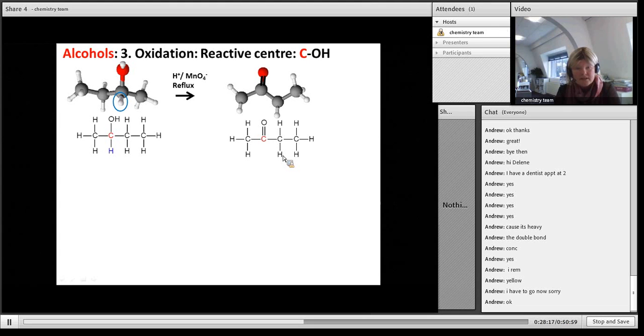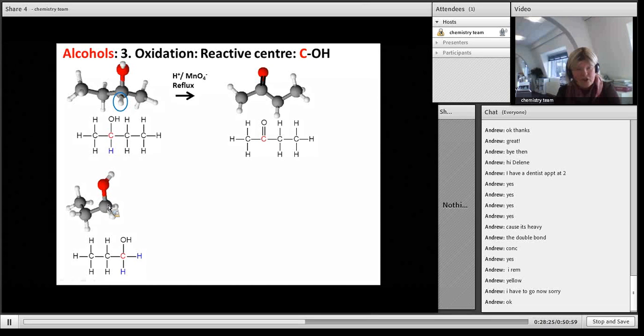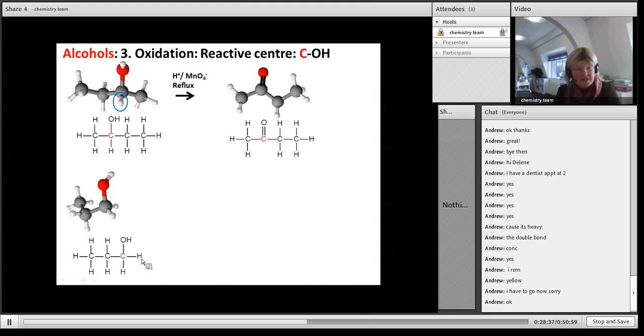And there it is. If I have a primary alcohol, so there I've got it on the end carbon. Primary, remember, means that carbon is only attached to one other carbon. Here this is secondary because it's attached to two other carbons. So now my primary has got two hydrogens. There are my two blue hydrogens.